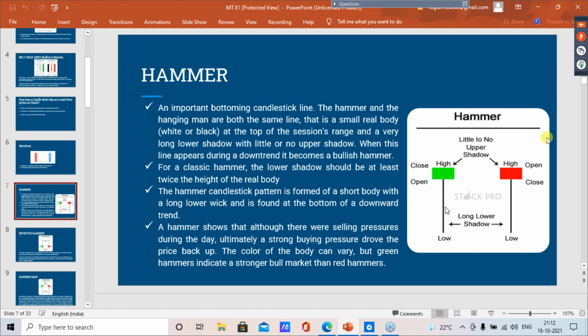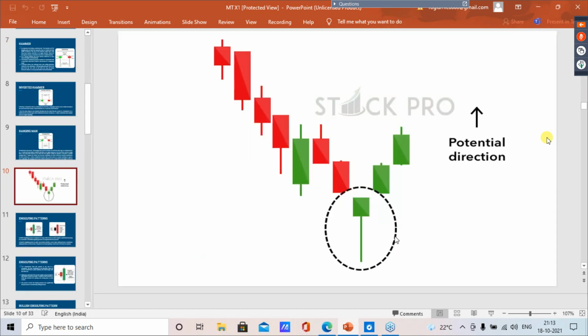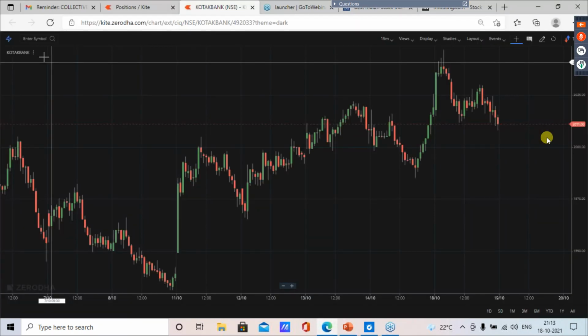The lower shadow region in bullish hammer indicates buyers have come into play. It should occur at the bottom of a downtrend, because if a bullish hammer occurs at the bottom of a downtrend, then we need to mark the high and low of the bullish hammer. Once the high of the bullish hammer is broken, then we'll take a buy trade. For example, I'll show you Nifty Bank.